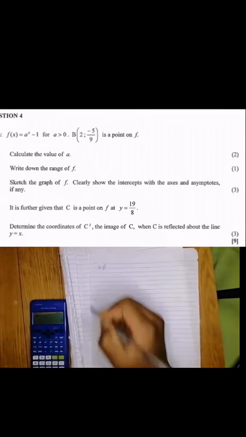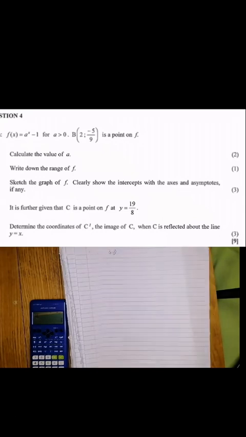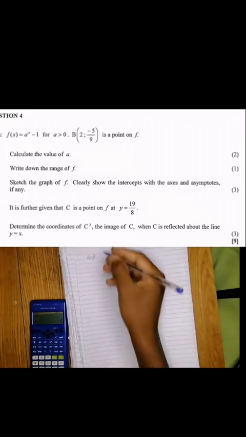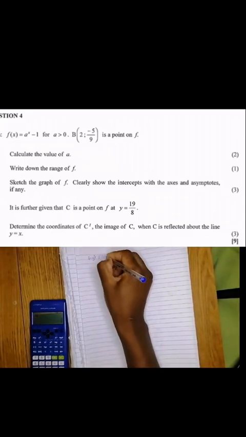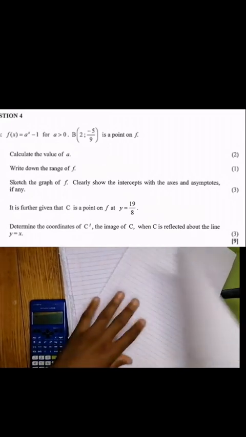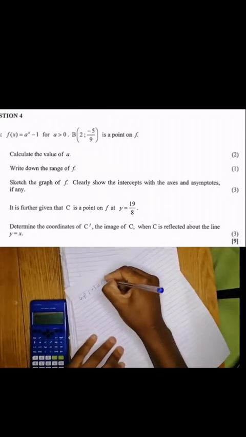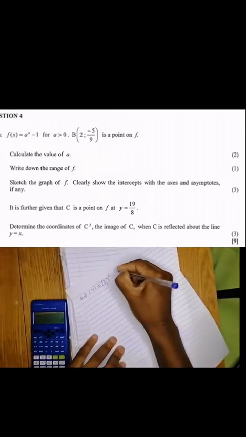And then we go to 4.4, where they say if it is further given that C is a point on f at y equals 19/8, determine the coordinates of C, the image of C, when C is reflected about the line. So now, guys, we have our equation, f of x equals 2/3 to the power x minus 1.